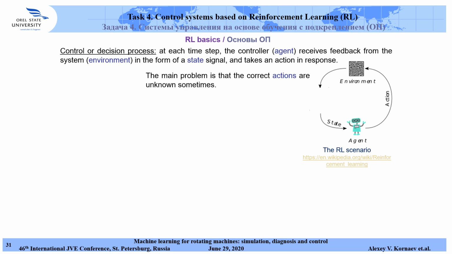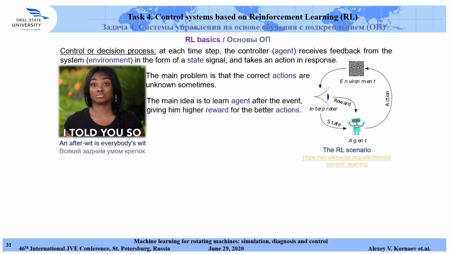The main problem is that the correct actions are sometimes unknown, and the main idea is to train the agent after the event when the result is obvious, and to give it a higher reward for the better action.